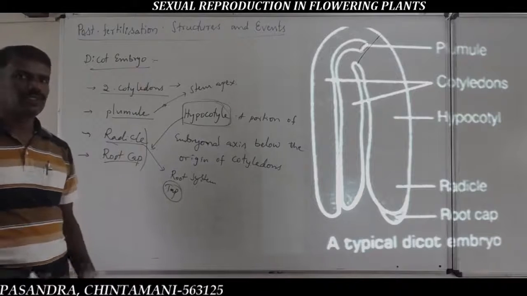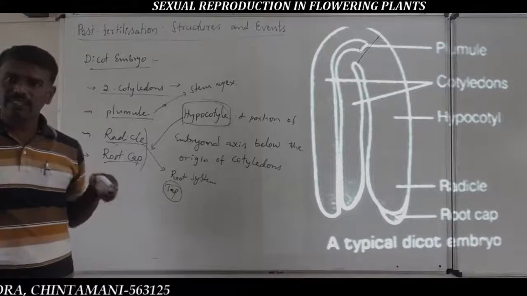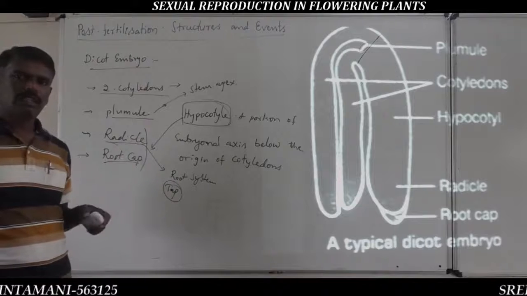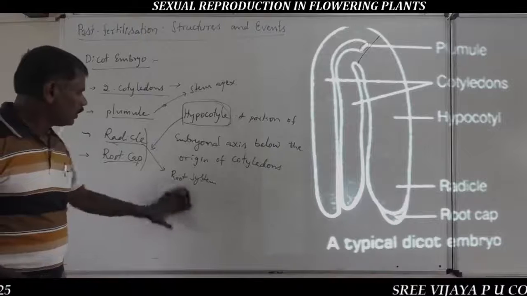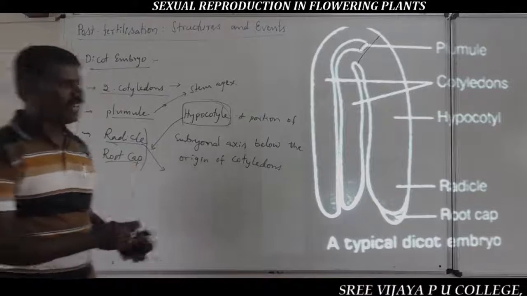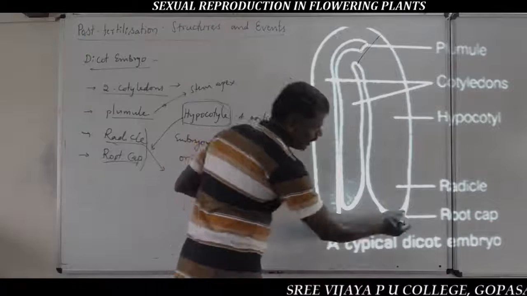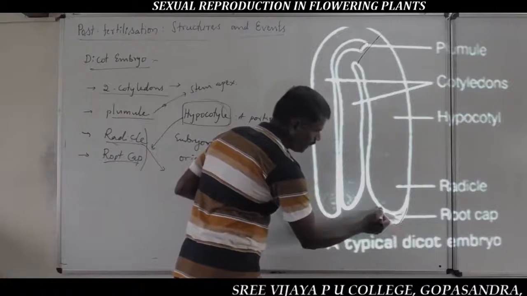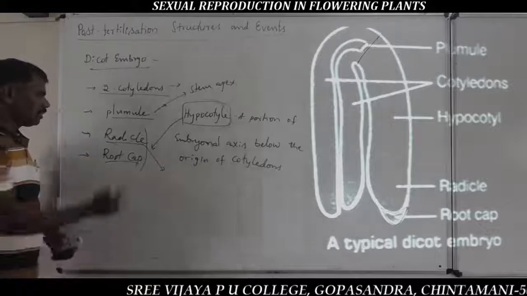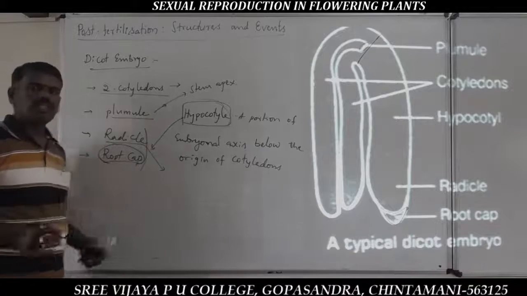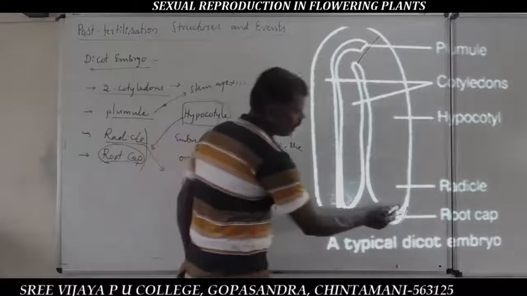So there is the presence of the main root, secondary roots, tertiary roots, a number of branches. The radicle ends with a small root cap region, the root cap, which covers the tip portion of the radicle.